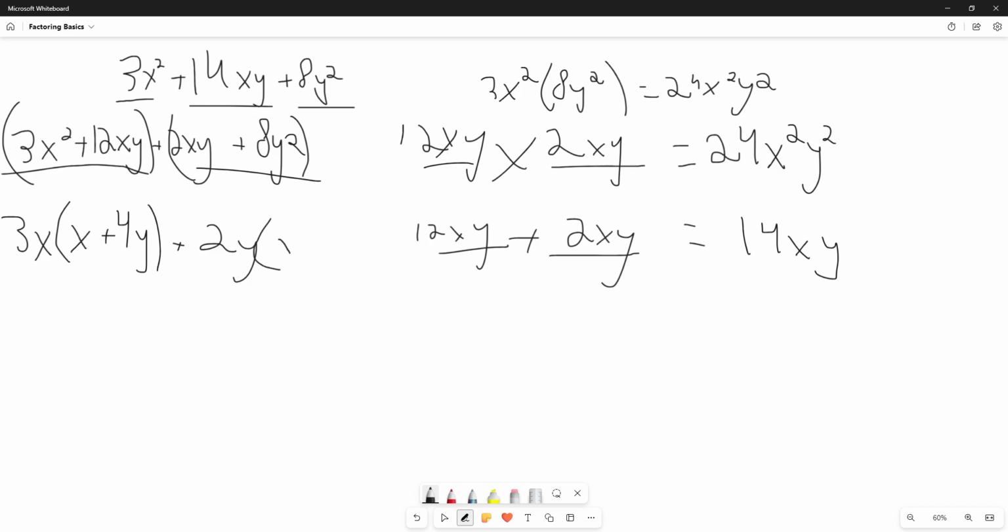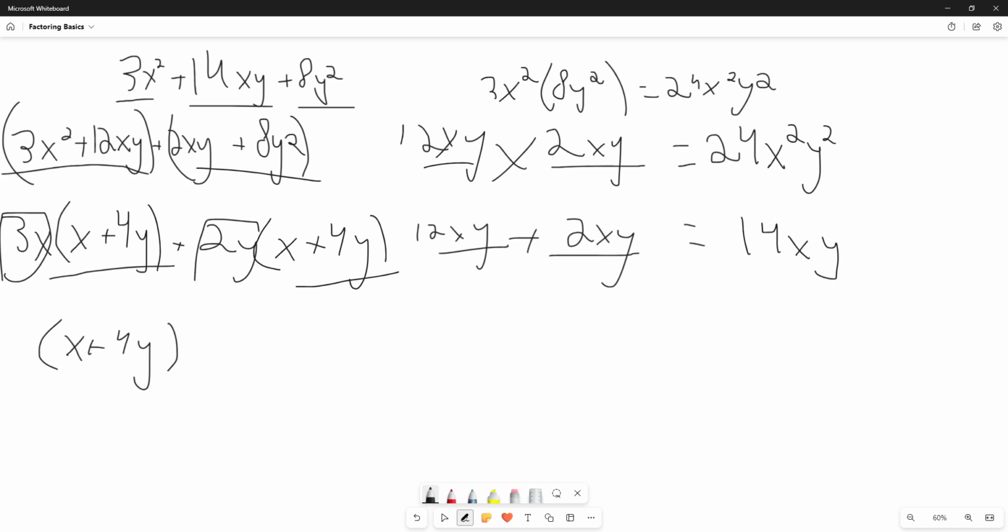So here we just have x left and 4y left. And notice how these two are the same. So the actual final factor is x plus 4y. And then using these two numbers, 3x plus 2y, and that is our final factor.